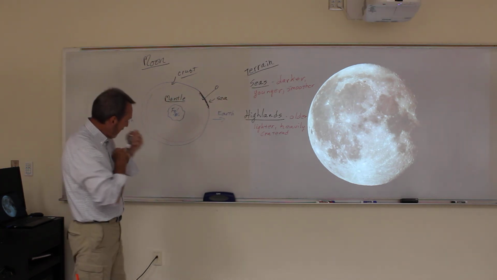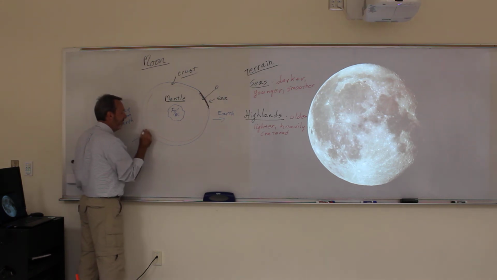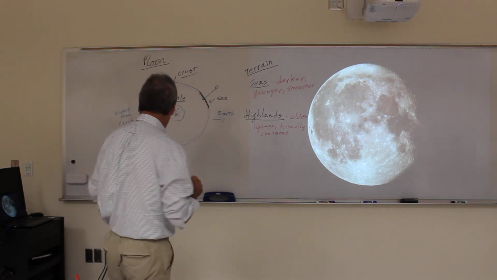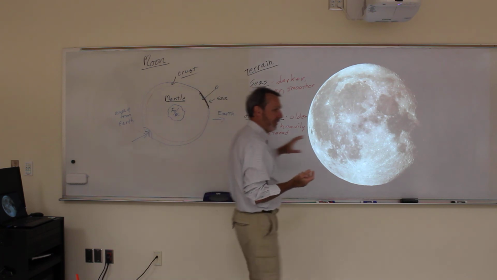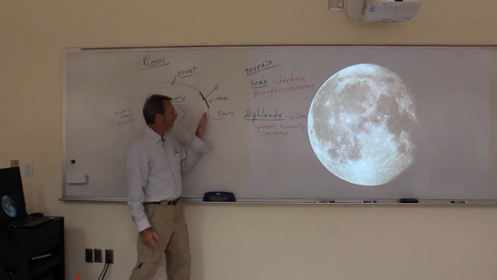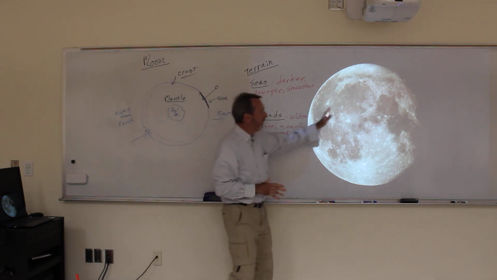Now on the back side of the moon, the dark side of the moon, which is not dark, when it hits, it wouldn't penetrate all the way through, and so we don't see many seas on the back side of the moon. So the reason we have these seas is because the crust is thinner on this side, and it was the lava that flowed up, and that's why the lava's there in the lower region.